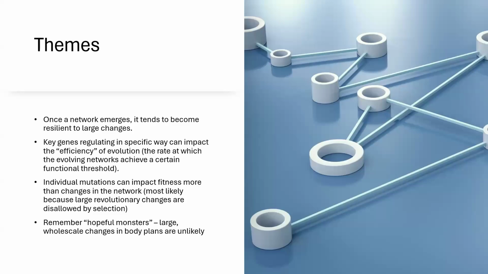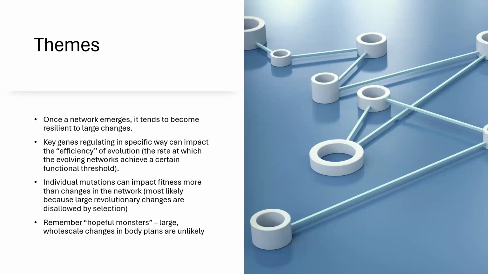Key genes regulating in a specific way can impact the efficiency of evolution. I love these claims. The rate at which the evolving networks achieve a certain functional threshold. So with the same mutational input, a gene regulatory network is better at choosing via selection which mutations are going to go forward and which ones are not. That's how I would say that.